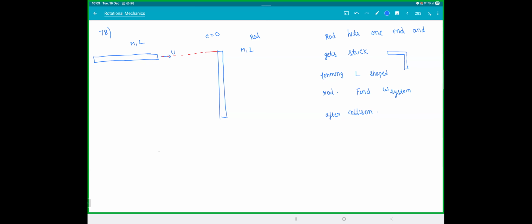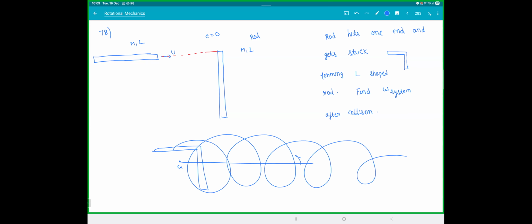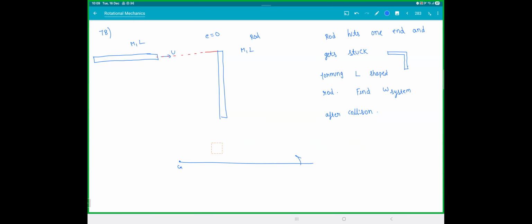So when this thing becomes an L-shaped rod now, the center of mass of this and this will be somewhere here. This center of mass will go in a straight line, and this whole rod will rotate about this axis, isn't it? You can do that.